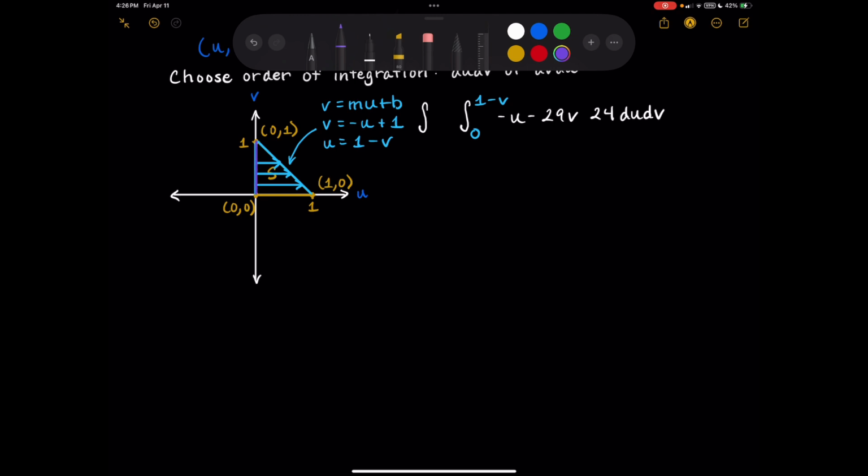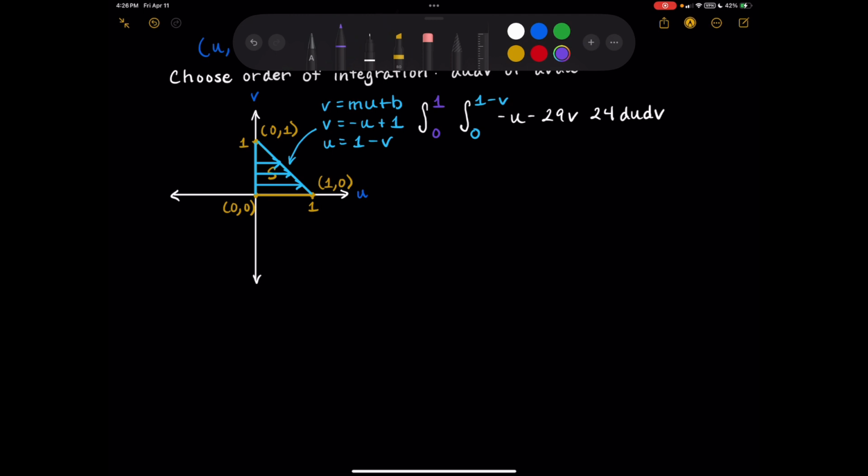So along this line, you could think of it also, all those values of v are going to be between 0 and 1. So we have a very simple outer integral here. It's just 0, 1, right? So that would be if we did du dv.